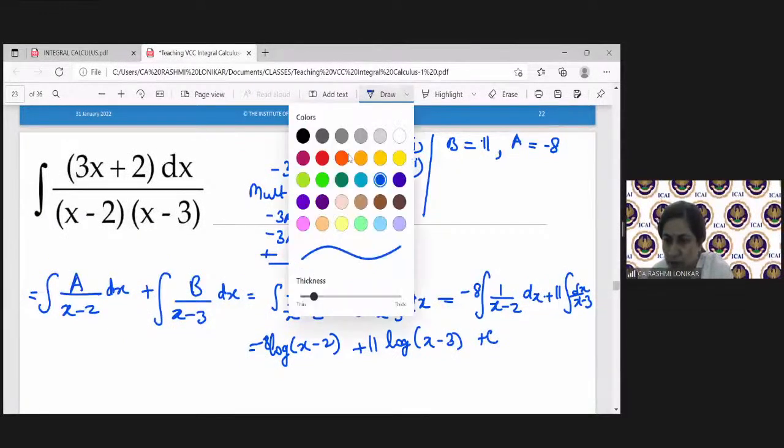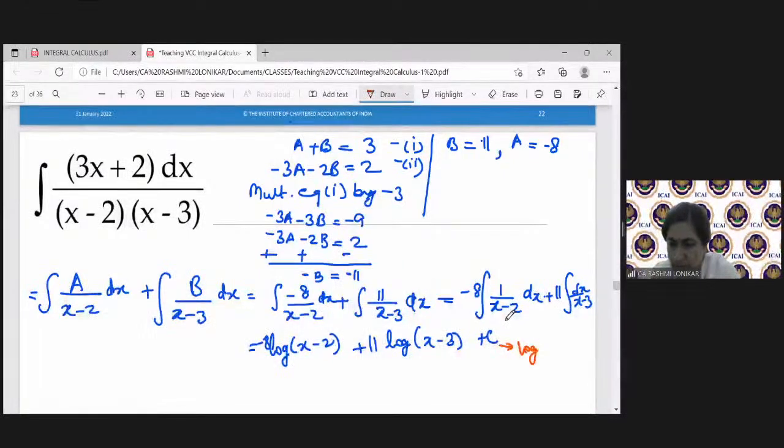In some books you will see that this c can be written as log c, because it's just a constant. So I can write anything over here. So this becomes equal to 11 log of x minus 3 minus 8 log of x minus 2 plus log c.